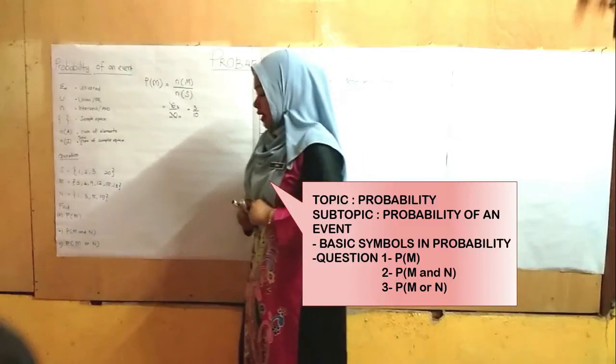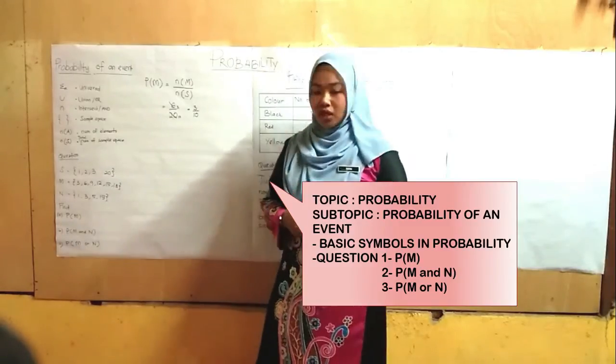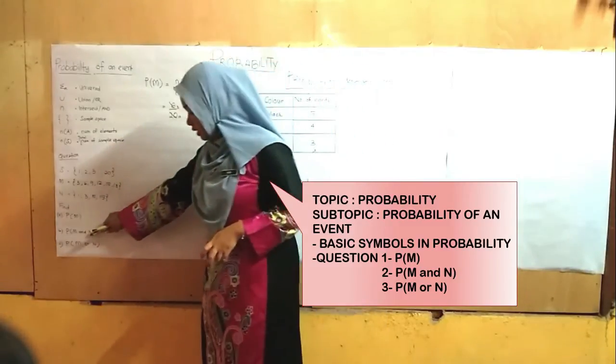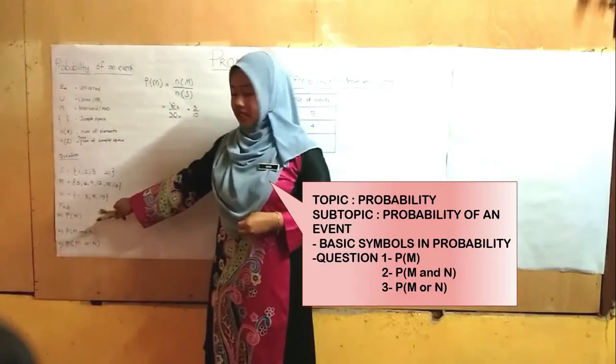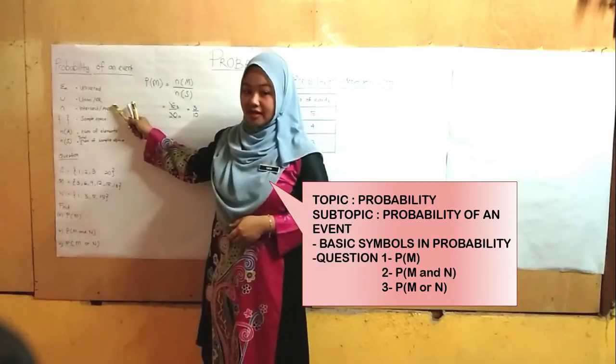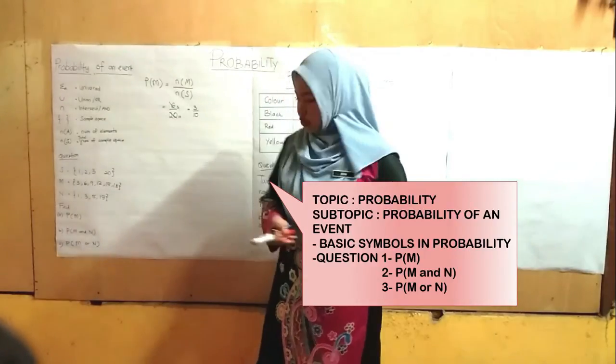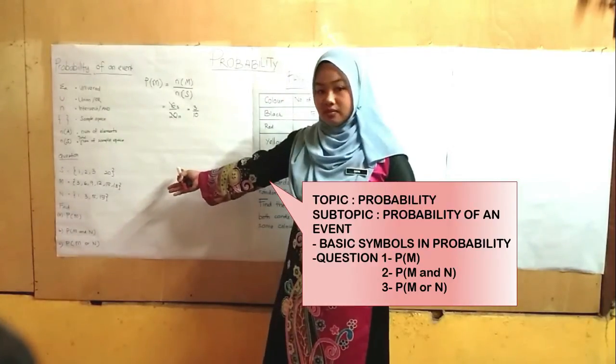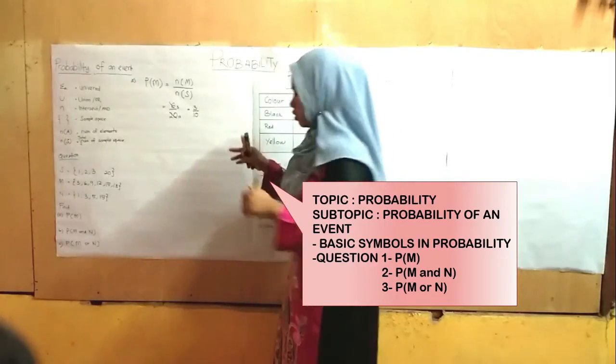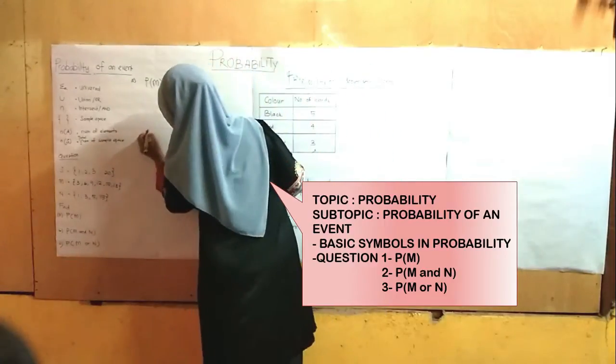Like I said before, the symbol here means intersect. So how can we find the intersection between both events? Draw the events like this.